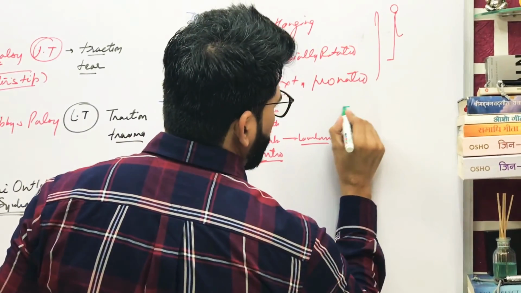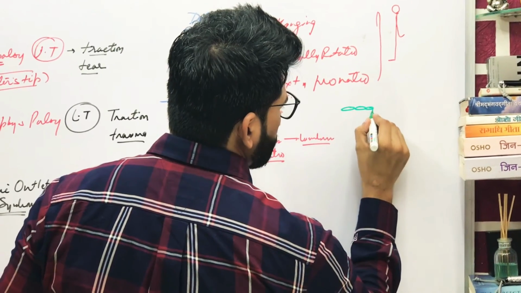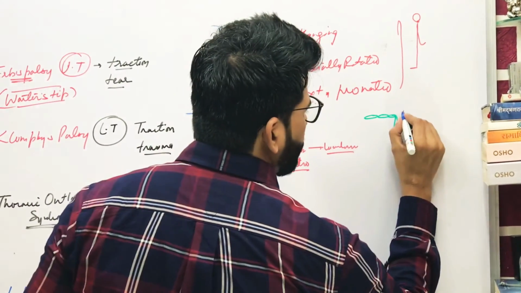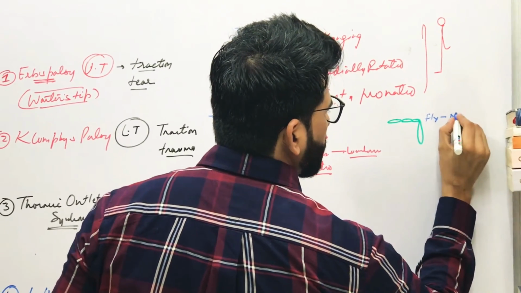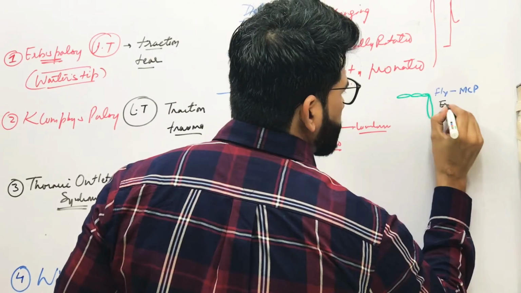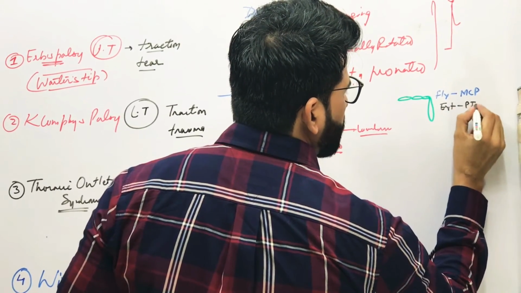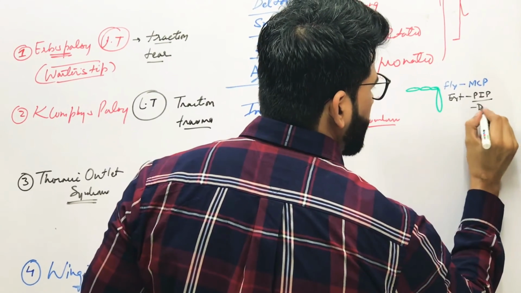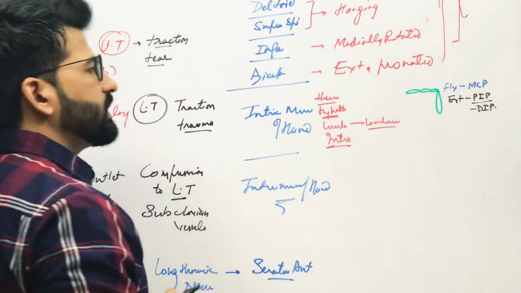So your hand will look like this. It flexes the metacarpophalangeal joint and it extends the PIP, proximal interphalangeal joint, and DIP, distal interphalangeal joint.